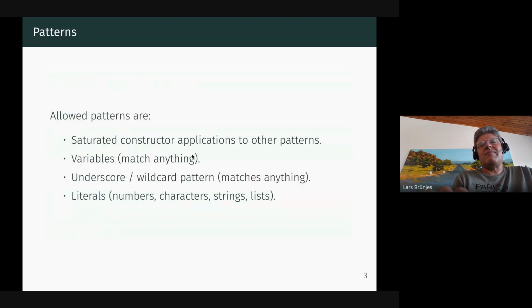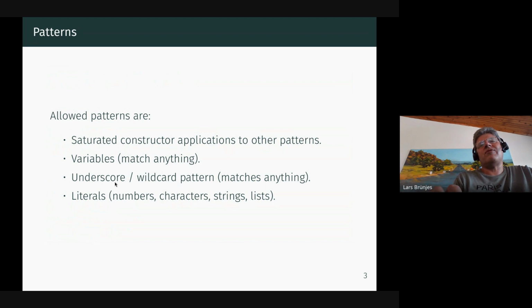Alternatively, variables are patterns. We have seen that in the introduction, where we wrote something like block length, block C. The C was a variable, so it can match everything. It's like a wildcard, but it has a name, so you can use the name on the right-hand side of the equation.